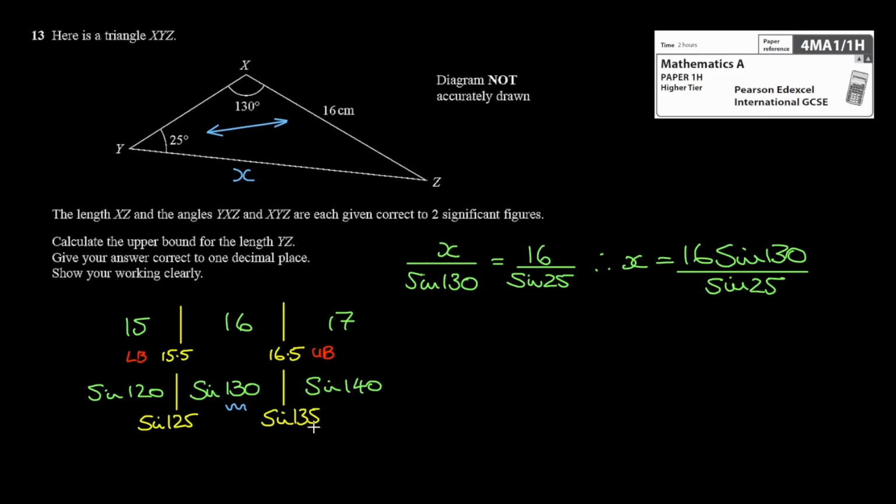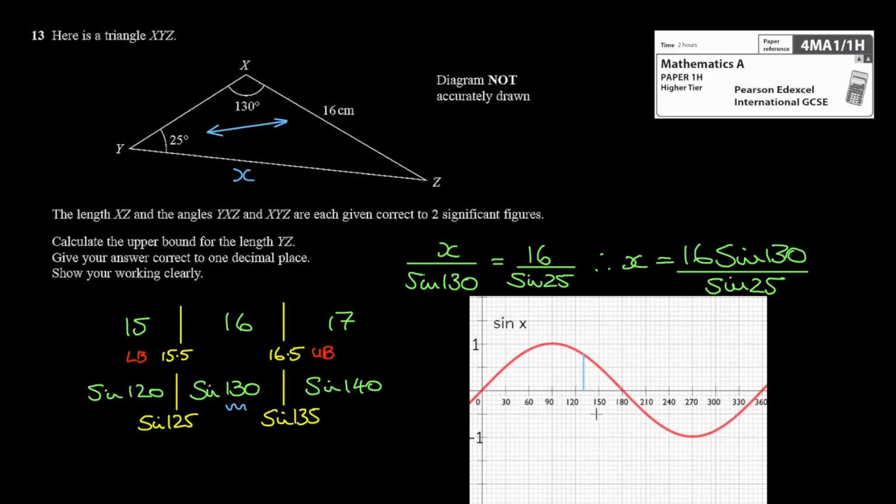There's a real danger to say that sine 125 is the lower bound and sine 135 is the upper bound of the number. I've brought on a sine wave and the blue line representing 130 degrees. So if you now imagine the second blue line I've put there at the 135 degree mark, the sine of 135 has actually gone down.